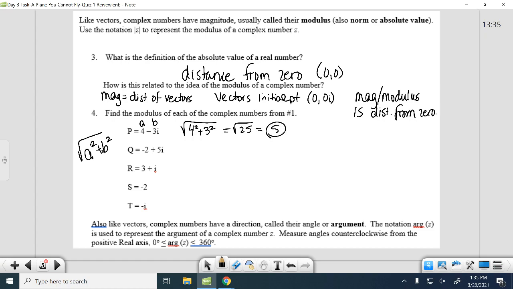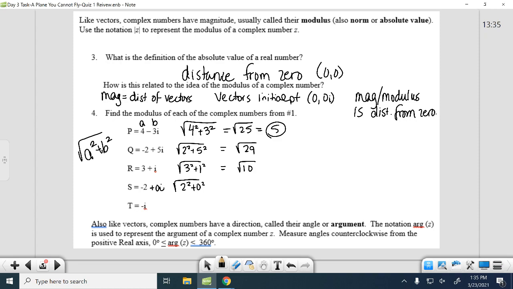Piece of cake. Q is the square root of 2 squared plus 5 squared, which is just the square root of 29. R is the square root of 3 squared plus 1 squared, which simplifies to the square root of 10. For S, we have the square root of 2 squared plus 0 squared, because I don't have an imaginary.